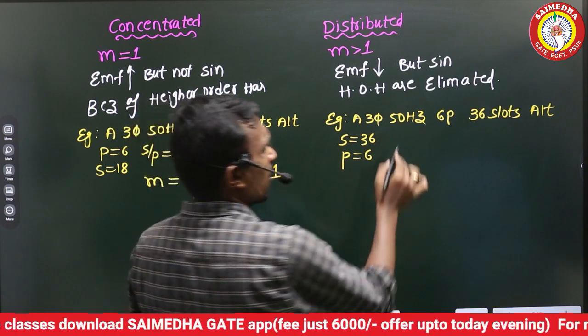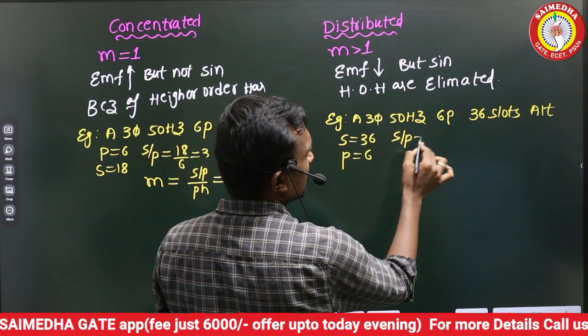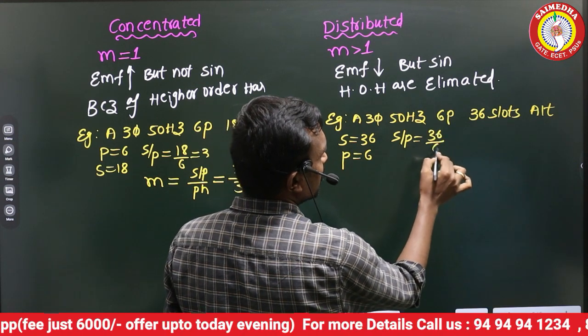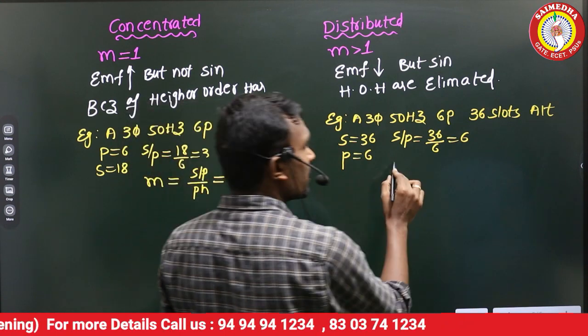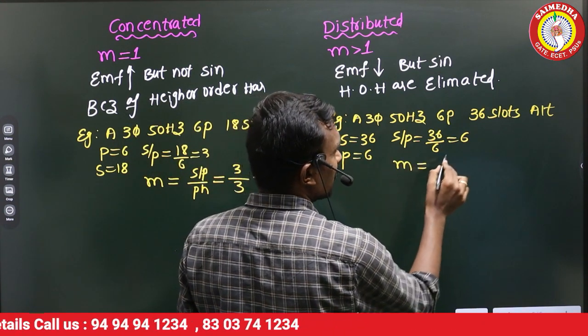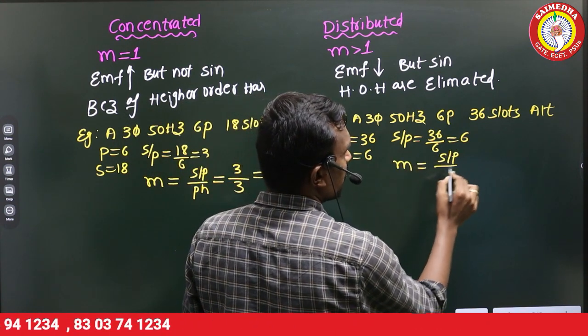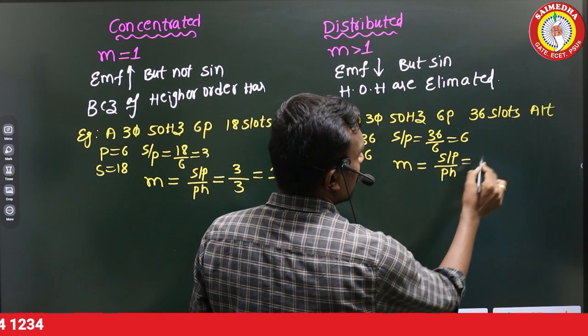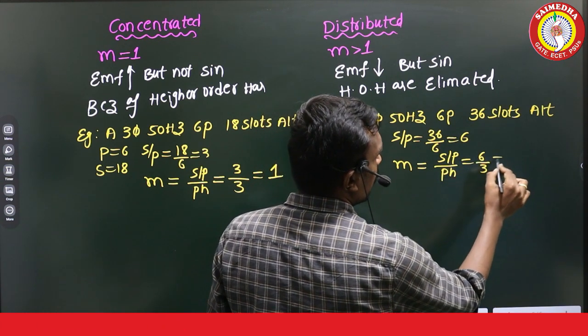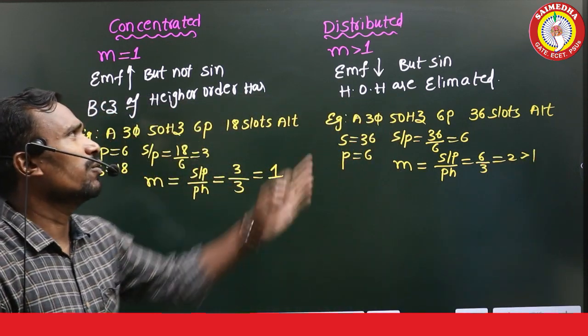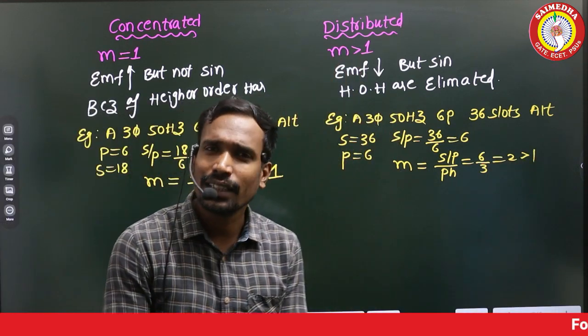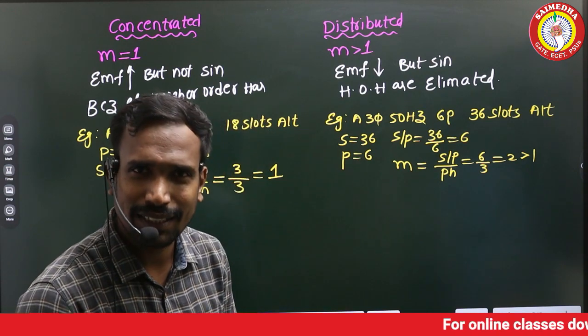What is slots per pole, guys? 36 upon 6, which is equal to 6. The phase belt is equal to slots per pole per phase. That is 6 upon 3, which is equal to 2, which is greater than 1. When it is greater than 1, that is called distributed.